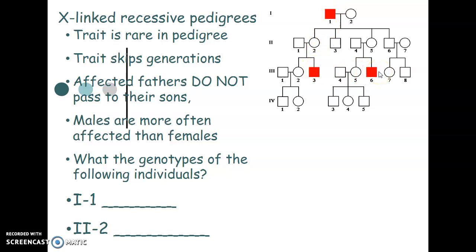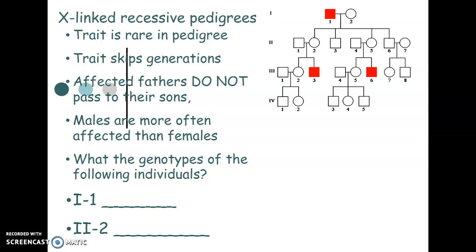Why? Because a man passes on his Y chromosome to his sons, so his sons won't have the trait from him. So what are the genotypes of the following individuals? I-1, with X-linked recessive, just like with sex-linked Punnett squares, you have to denote the sex of the individual.